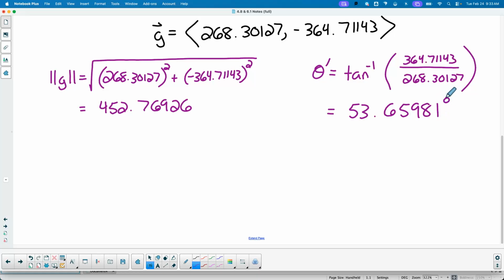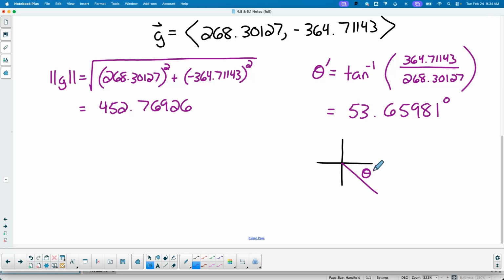But now I've got to convert that back into a bearing angle. I am in quadrant number 4, so I'm down here. I just found my reference angle because it comes off of the horizontal. That's my trig reference angle.